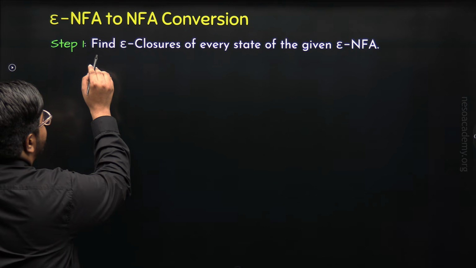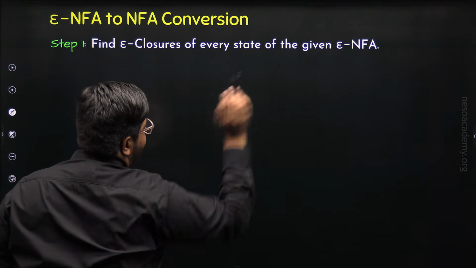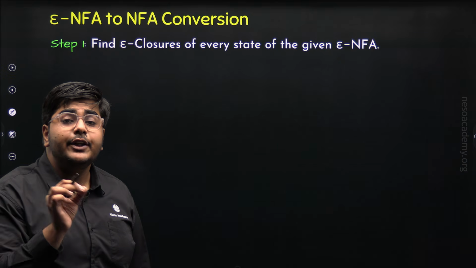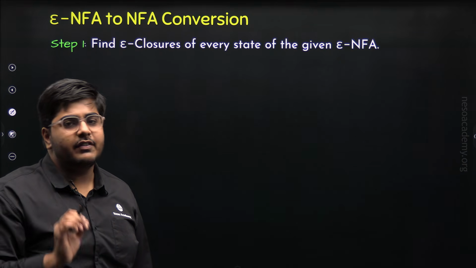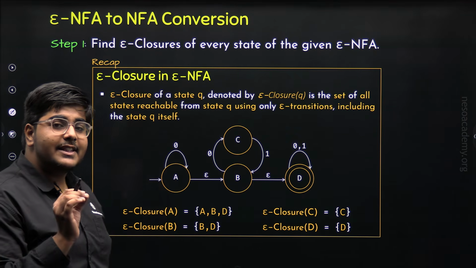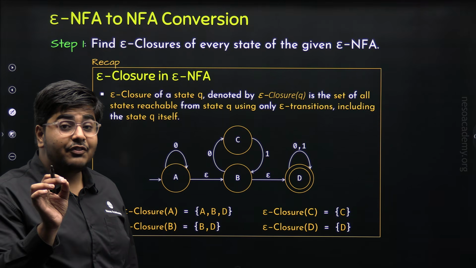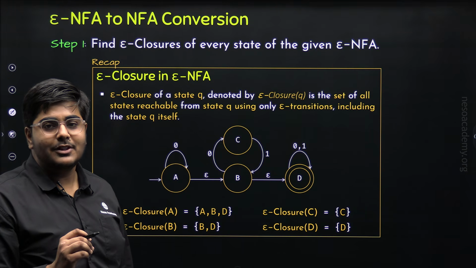Step number 1. Find epsilon closures of every state of the given epsilon NFA. So, in step number 1, we need to find the epsilon closures of all the states of the given epsilon NFA. In the previous lecture, I explained how to calculate the epsilon closure. And fortunately, we have taken the same example in our previous lecture also.